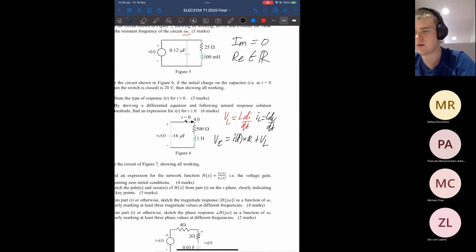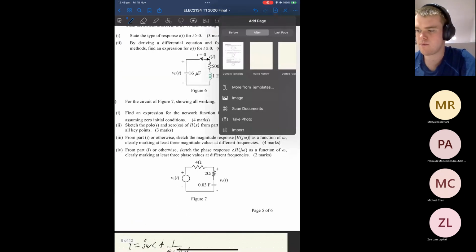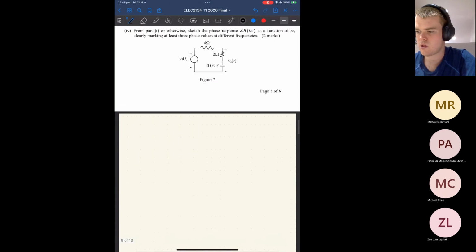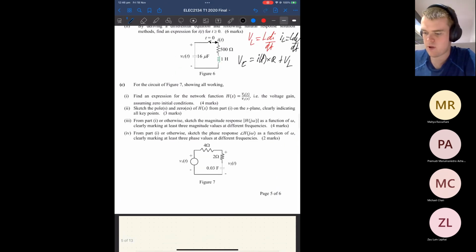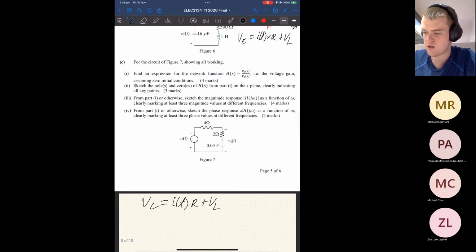Okay, and I'm now going to add an extra page in. So we have voltage across the capacitor is equal to i(t) R plus the voltage across the inductor, where V_L is equal to L di/dt.